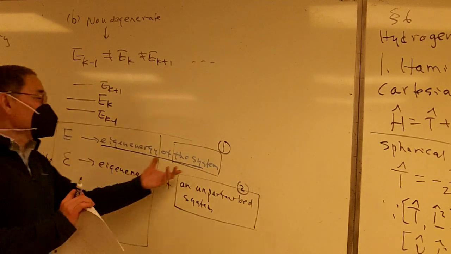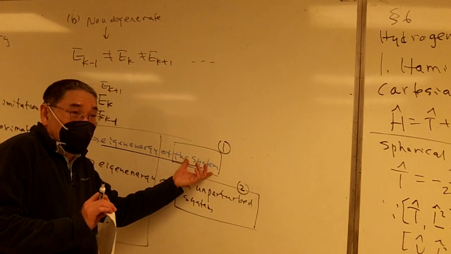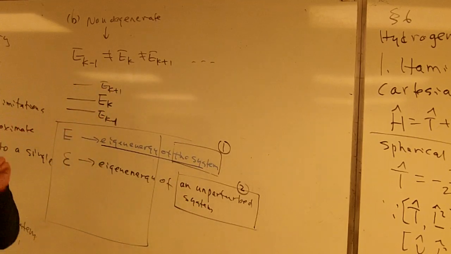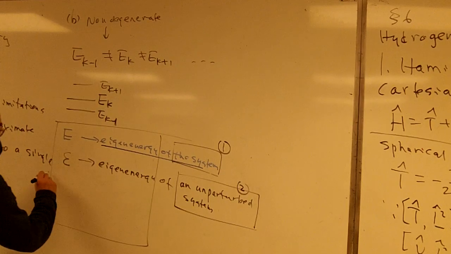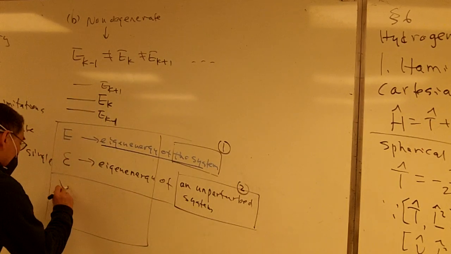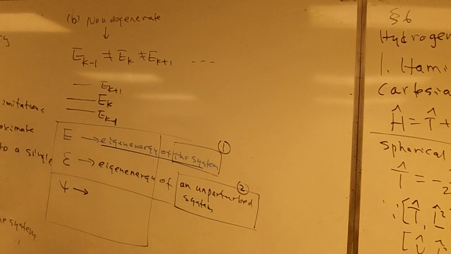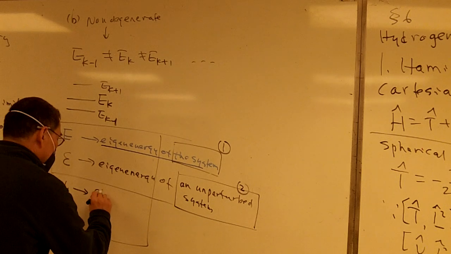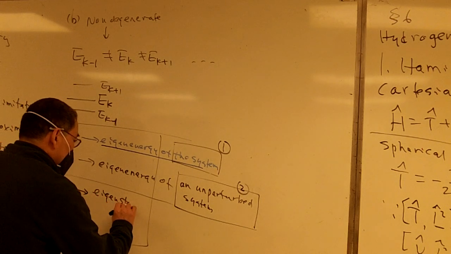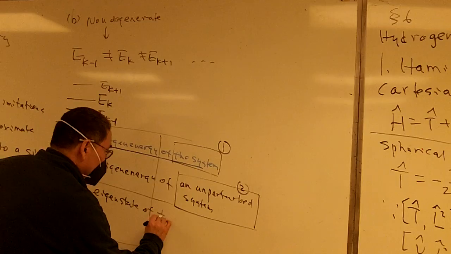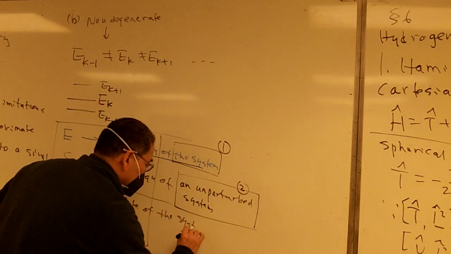One is the original system, which includes everything. The second one is the unperturbed system. And my psi is the eigenstate of the system.